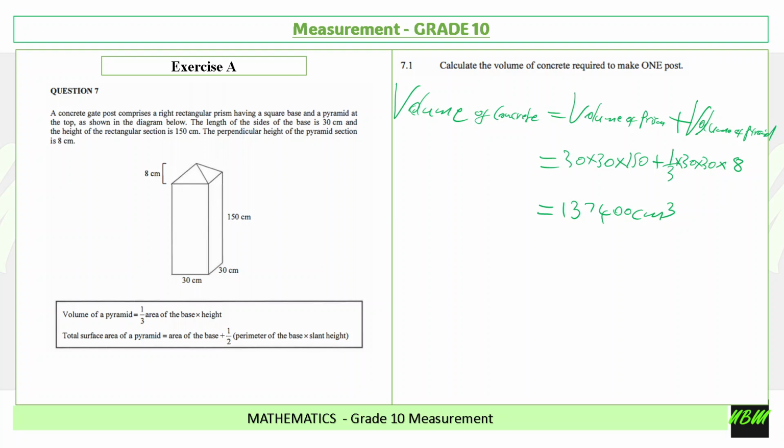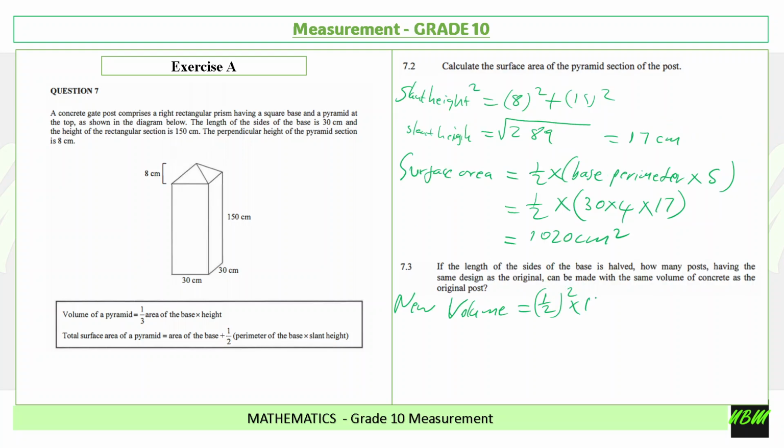We calculated the original volume in 7.1. 137400. So what will be the new volume? 1/2 squared times 137400. Then this gives us 34350 centimeters cubed, which will be the new volume.